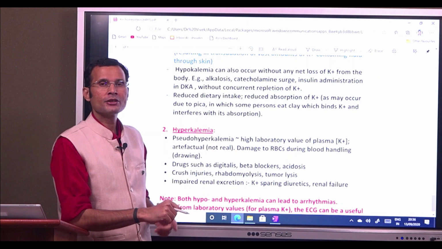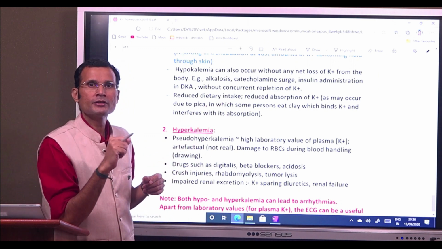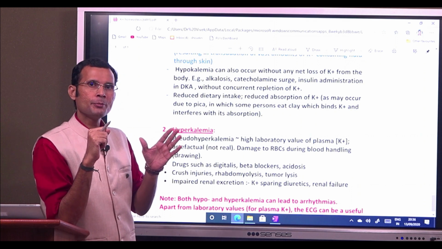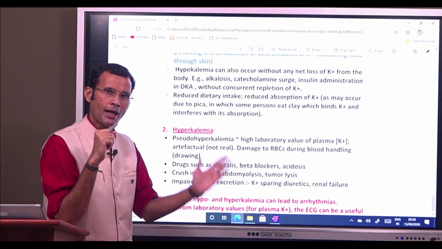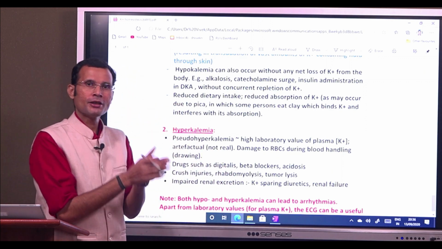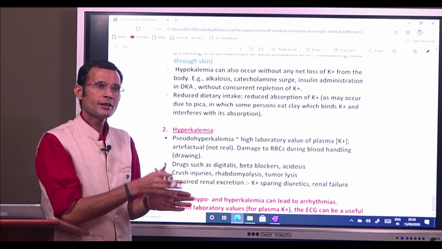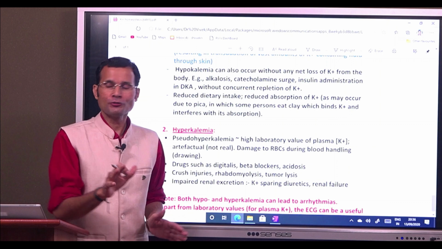Alkalosis, catecholamine surge, insulin administration in diabetic ketoacidosis. We have seen this, that potassium is just being pushed from ECF into the cells, from the plasma into the cells. So plasma potassium is decreasing, cellular potassium is increasing. There is no net potassium loss from the body.